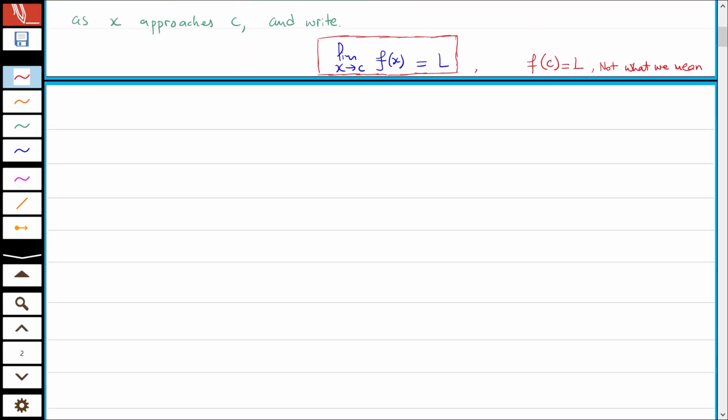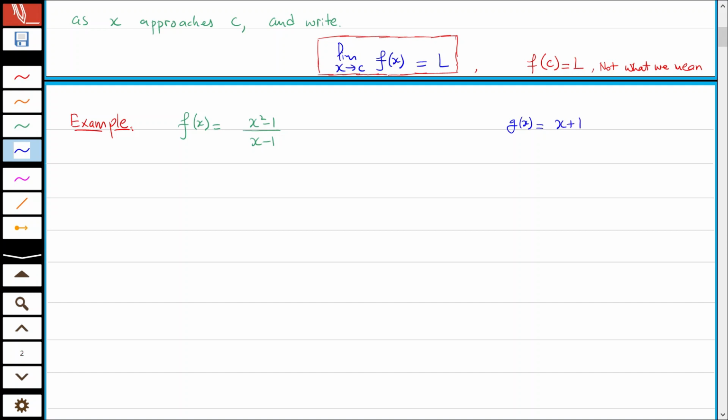Consider this example. And we'll do a contrast. I will consider a function f of x that equals x squared minus 1 divided by x minus 1. And I will consider another function, let's call it g of x, that equals x plus 1.